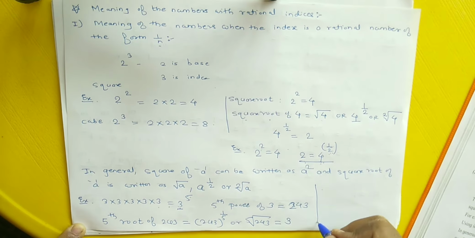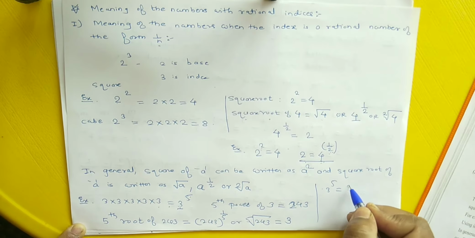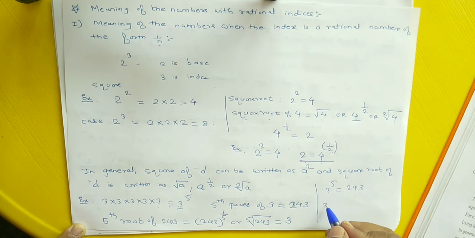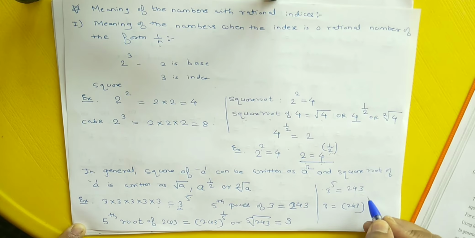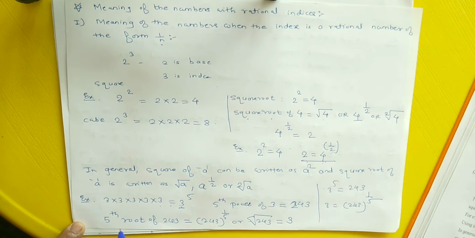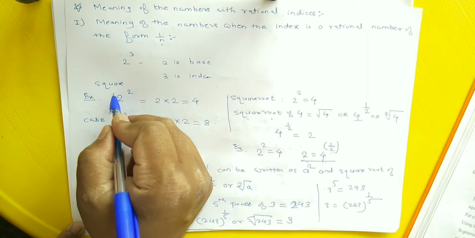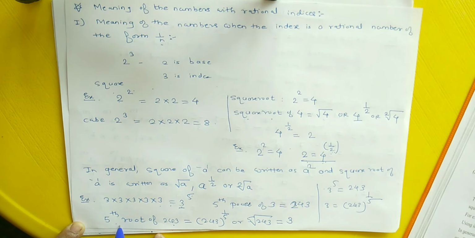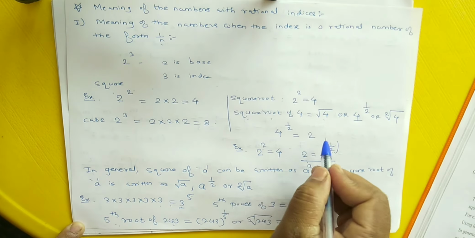Like this you can remember: 3 to the power 5 is 243, so if we shift the power to the right side, 3 is equal to 243 to the power 1 upon 5. This is called the fifth root of 243, just as we have square root for the square of a number.